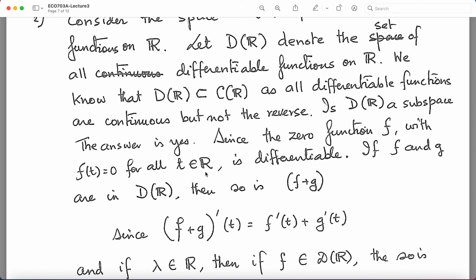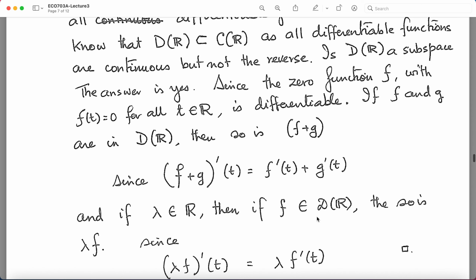The answer is yes, because you can easily compute its derivative: the derivative of f plus g at any point t on R is the sum of the derivatives of f and g evaluated at t. So once f and g are in D(R), the space of differentiable functions, f plus g is also there.